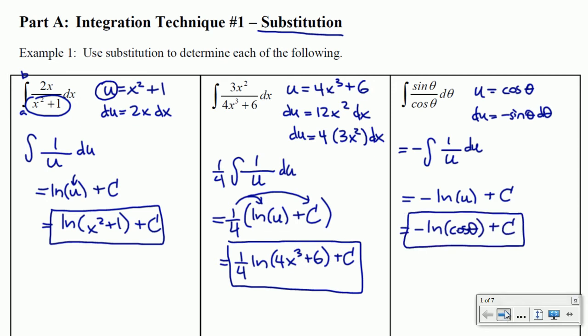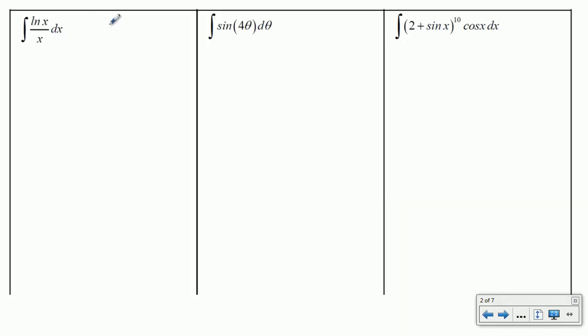Let's try a few more. So this one's a little bit different. If I were to try to sub x for u, well, du is just dx, and there's no way I can get the ln taken care of in this substitution. So we need to try something else. If we try substituting ln x, du is 1 over x dx.